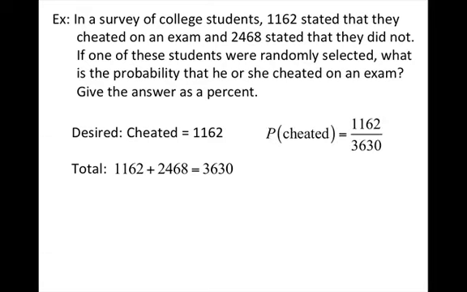So to find my probability, I put the 1,162 divided by the 3,630. If I divide that, I get 0.32 and the decimal continues. Well, I was asked for percent, so move your decimal 2 places, and so it was approximately 32% of the students cheated on the exam.